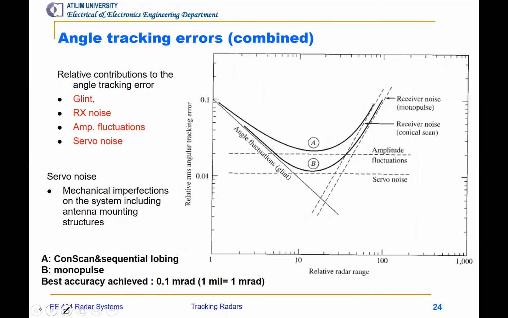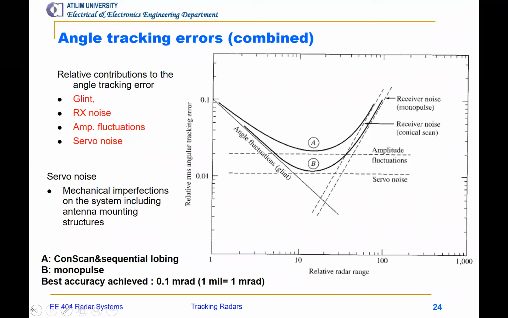So this is one of the most important slides of today's lesson. It's about the comparison of angle tracking in conical scan, sequential lobing, and monopulse.